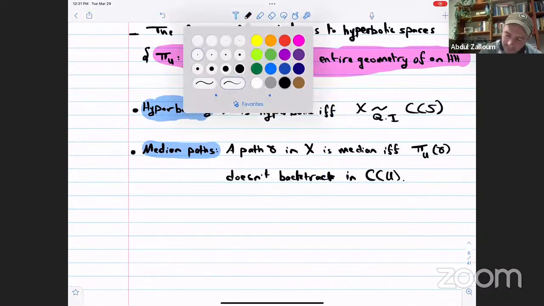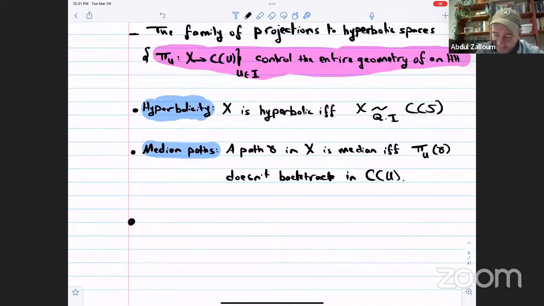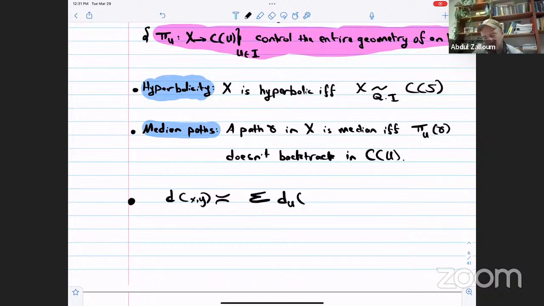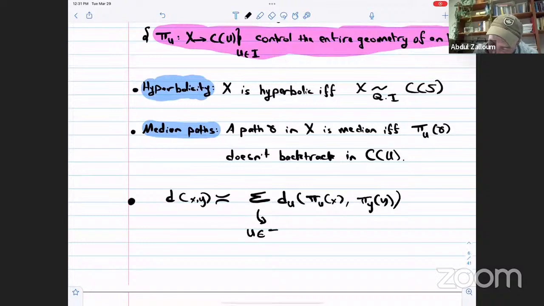And one particular manifestation of that is the distance formula, which says that the distance between any points X and Y is coarsely the sum of their projections to the collection of hyperbolic spaces that you have, where this sum is taken over, not every single U in I, but over U in I where the distance between X and Y in U is large.